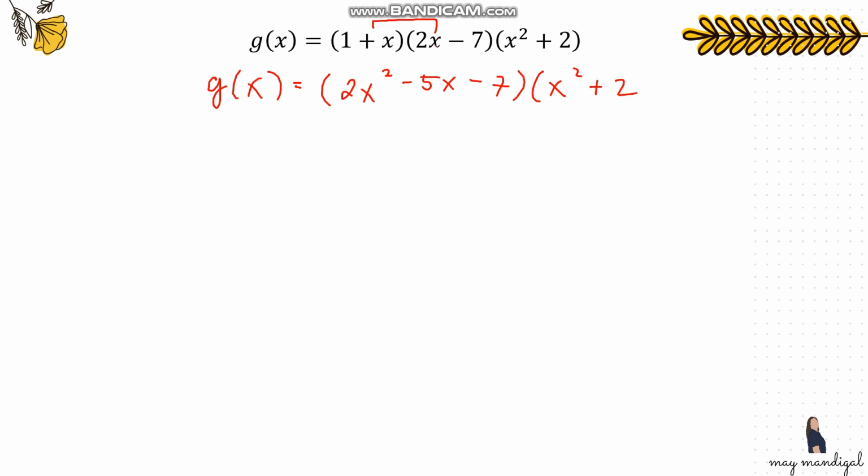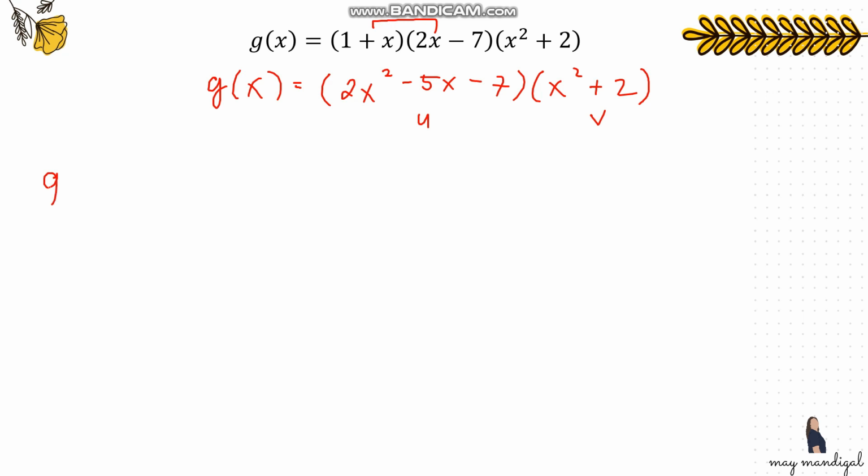But if you don't want to multiply and then you will just set that as our u, what will happen is that we will have a product rule within a product rule, which is still the same, but it's kind of long. So to shorten the process, we can just simply multiply the 2 in the beginning. And then this will be our u, and then this will be our v.